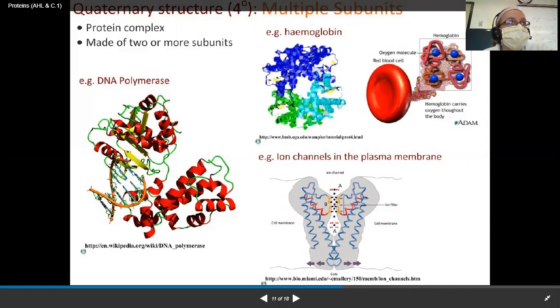And you can sort of see them here. There are 2 different shades of blue there, and then a green and a teal here. So this is hemoglobin, and it has 4 oxygen binding sites: 1, 2, 3, 4, 1 for each subunit. And then you have a whole ton of these packed into your red blood cells to carry the oxygen. So you have 4.